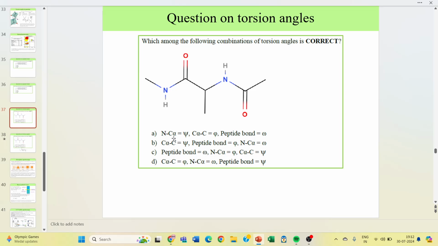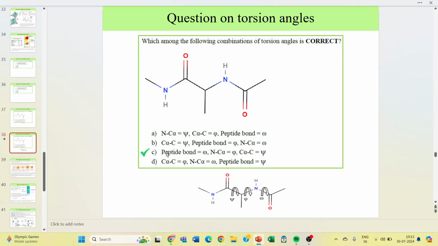So, N and C alpha. The bond between N and C alpha is phi, and C alpha and C is psi. So N-C alpha is phi and C alpha-C is psi. The peptide bond is omega. That is the right convention.